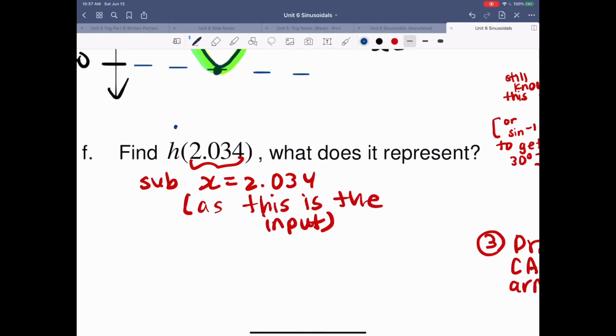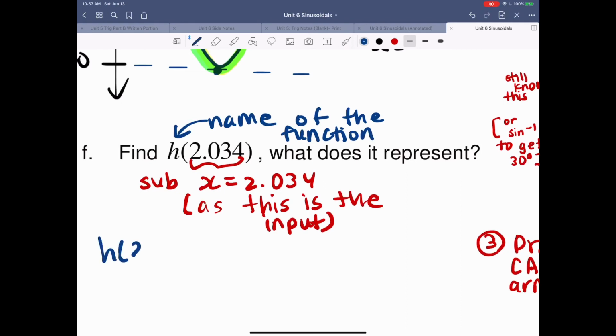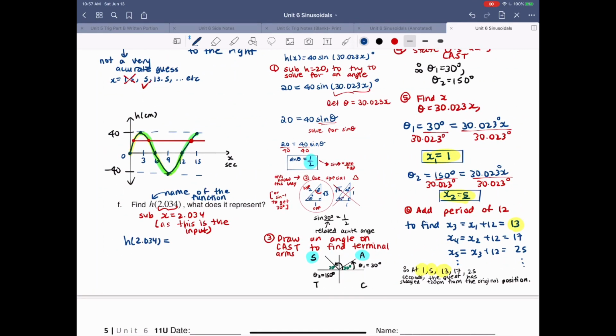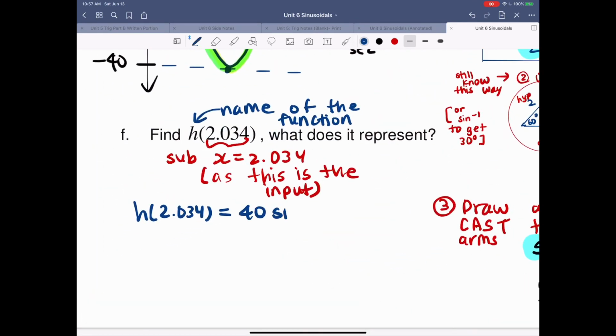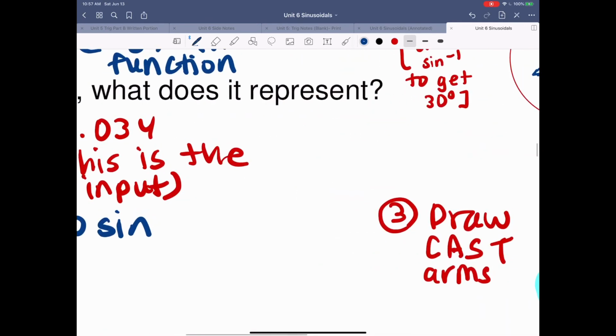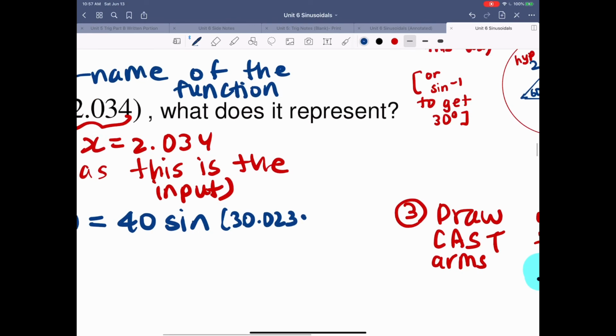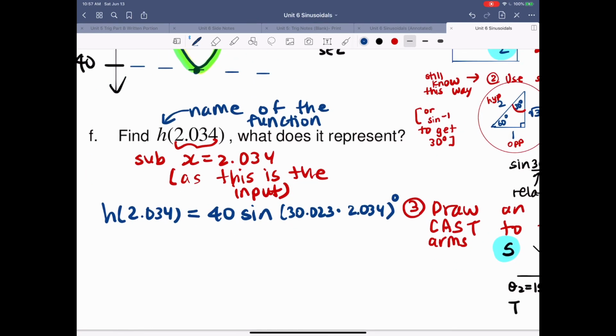Meanwhile, this is the name of the function. And so you have h bracket 2.034 is equal to 40 sine 30.023 times 2.034, close bracket with a degree sign. So you're solving for h.